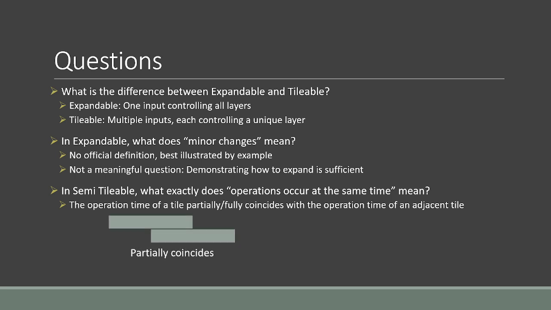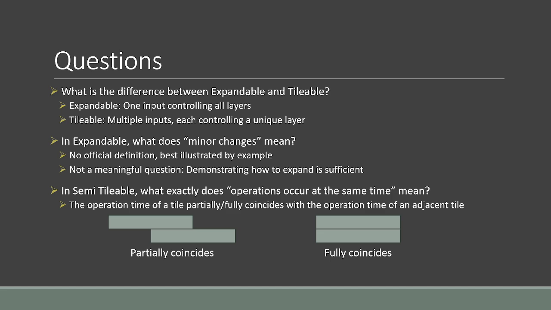Now let's just show what I mean. Partially coincides, you can see by these rectangular bars, which show the operation times of two adjacent tiles, for example, where one tile is activated a bit earlier than the other tile, but then they have some overlap in the operation times, versus the fully coincides version, where two tiles are activated at the same time.